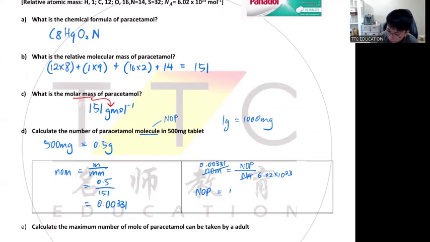Okay, so you get 1.99 times 10 to the power of 21. Very good. And the unit straight away is molecule, because the chemical here is obviously a molecule.